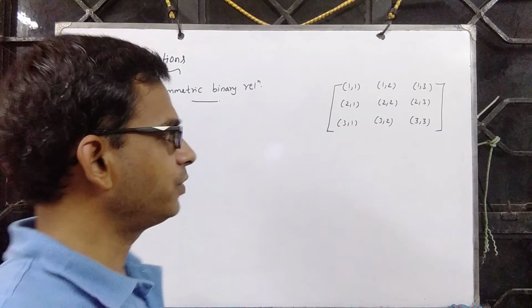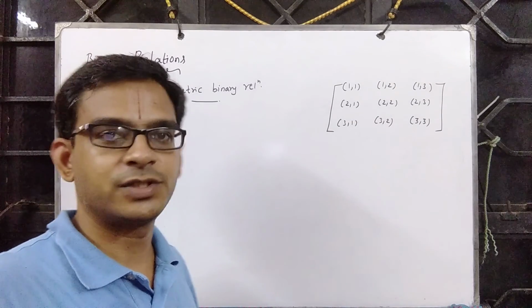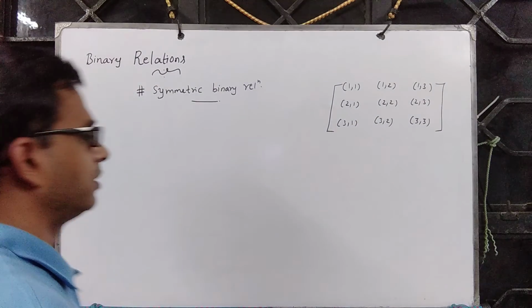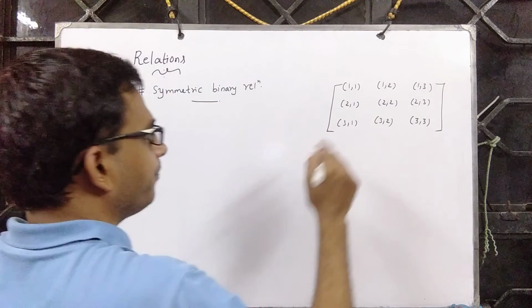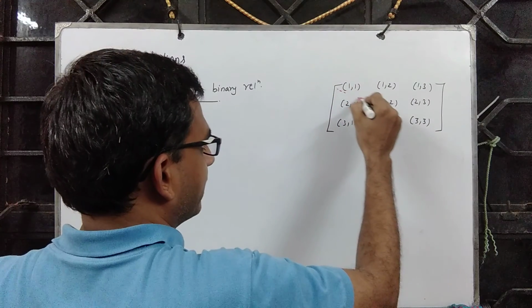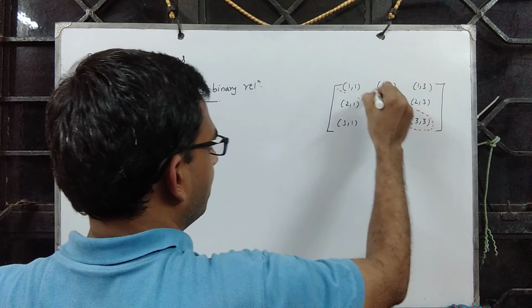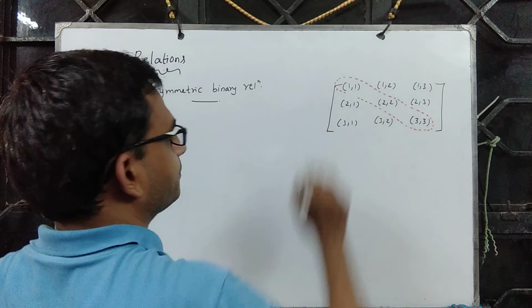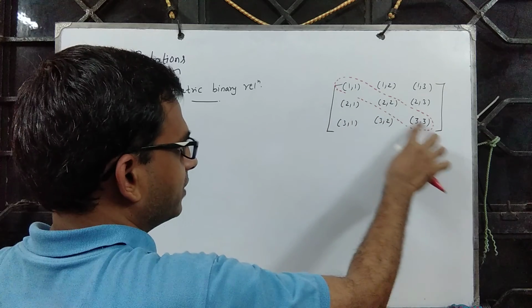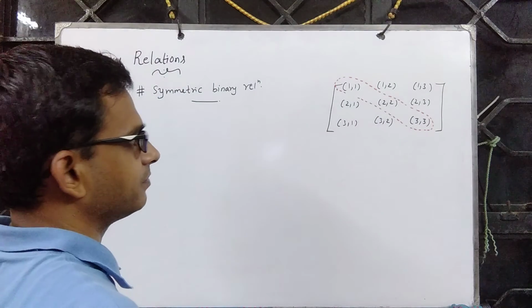If AB is included, then BA is forced to be included. So what we will do, we leave this diagonal part, because for diagonal elements AB and BA are one and the same. Any subset from this is a symmetric relation.